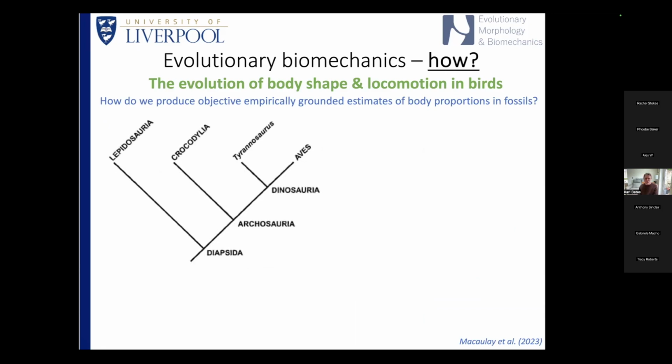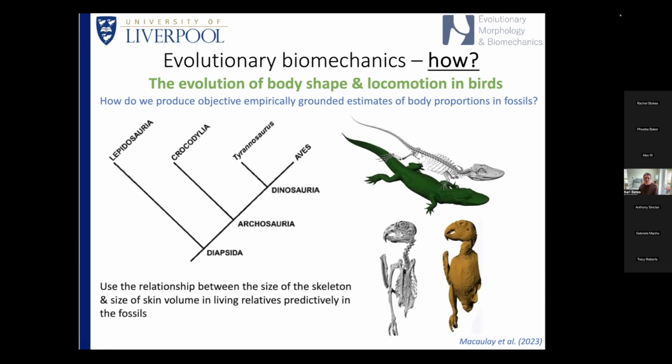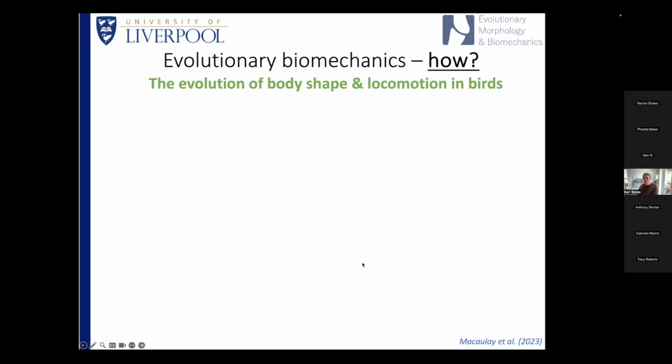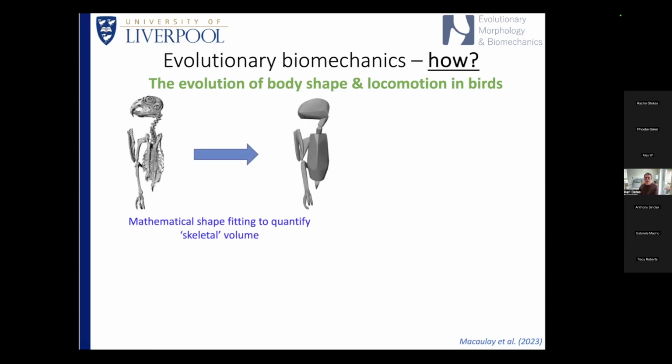Well, what we decided to do was to look at the living relatives of dinosaurs, to look at lizards, crocodiles, and birds, and to see if we could come up with a way to use their skeletons to better predict soft tissue volume purely from the skeleton. So essentially what we did was to generate 3D skeletons from CT scans and then use a mathematical algorithm, so an objective way, whoever presses the button gets the same answer, to shrink wrap these skeletons with a volume.